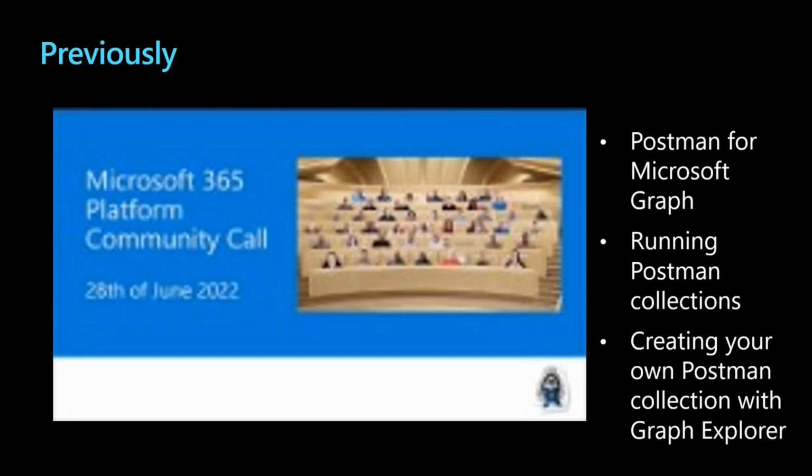We even went through how you can create your own personalized, customized Postman collection using Graph Explorer, and then import it on Postman, how you can use the collection runner, etc.